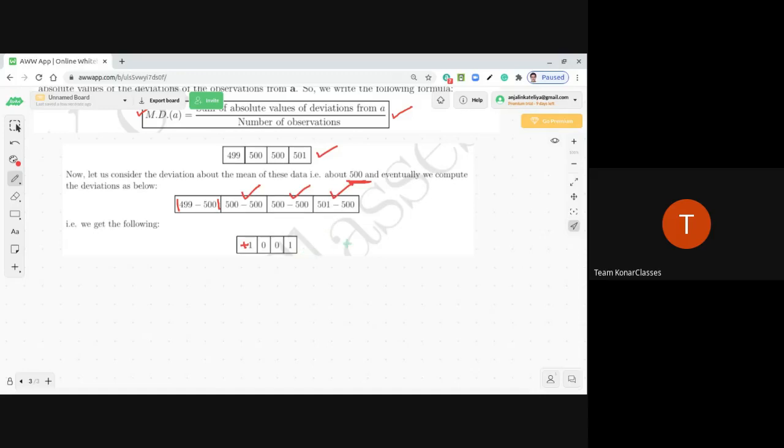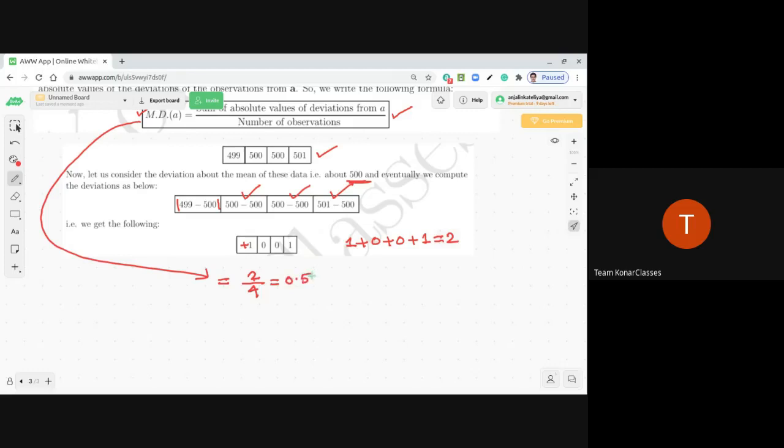Now if we add all these values, 1 plus 0 plus 0 plus 1, we get 2. Sorry, I made a small mistake here earlier. So the sum is 2, and the mean deviation about A, where A is equal to 500, is 2 divided by the number of observations, 4, which is 0.5.